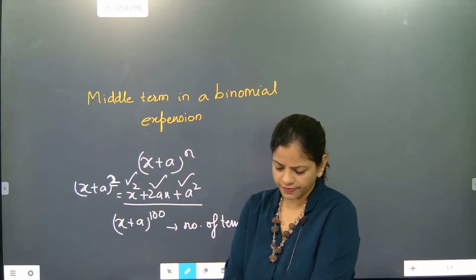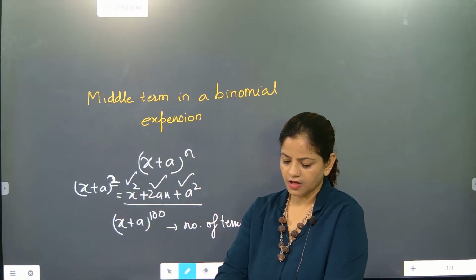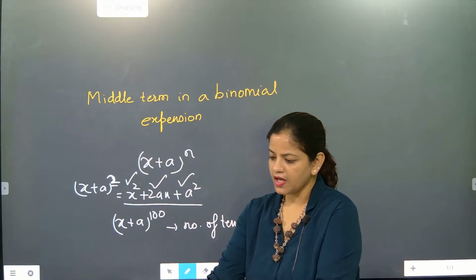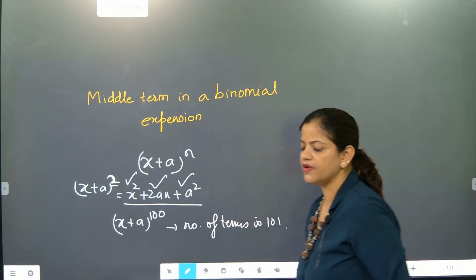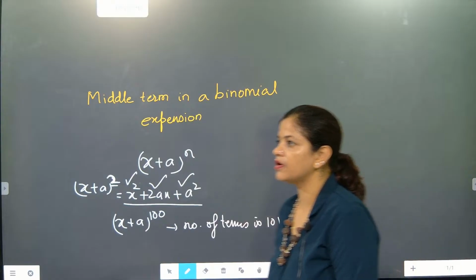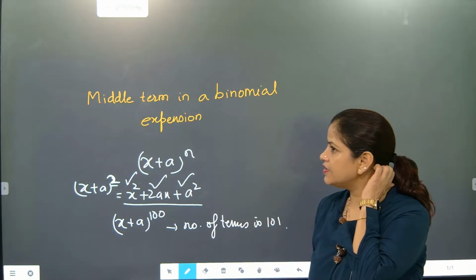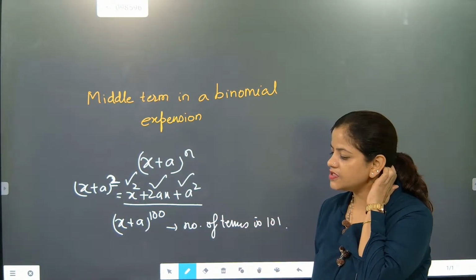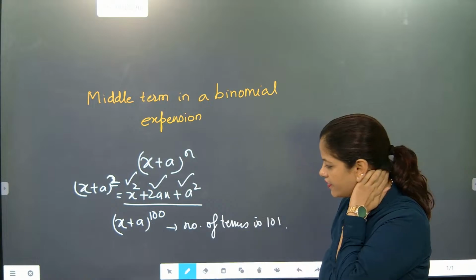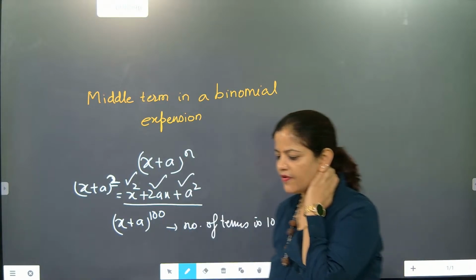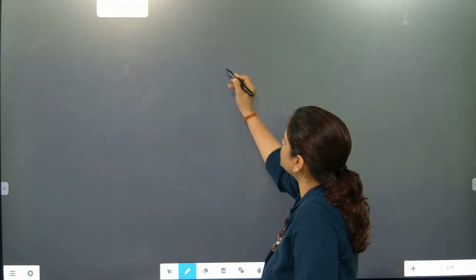If the number of terms is even and if the number of terms is odd, then how are we going to respond? Let's see.